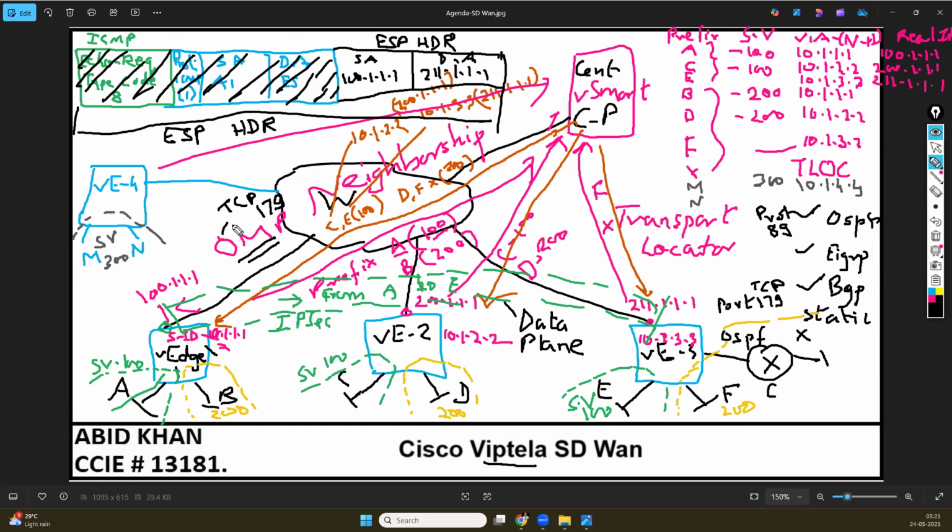By the way, do you guys have ChatGPT or Grok in your mobiles? Yes. Okay, good. Just ask Grok, what's the port number for Viptela OMP protocol? And it will not only give you the port number, it will give a lot of other information. That's the difference between Google search and what we use nowadays.